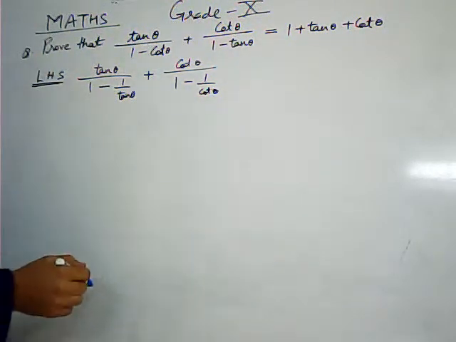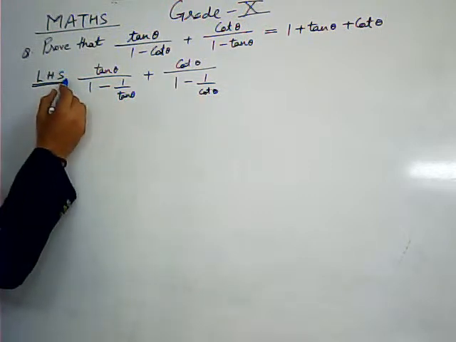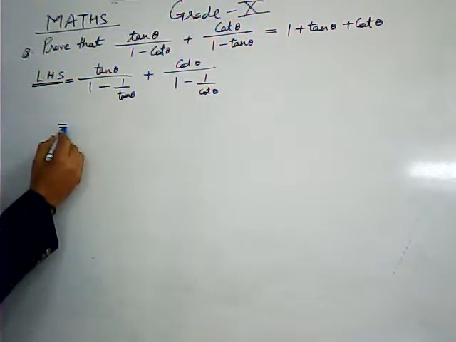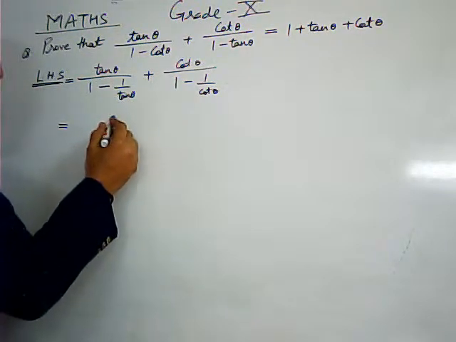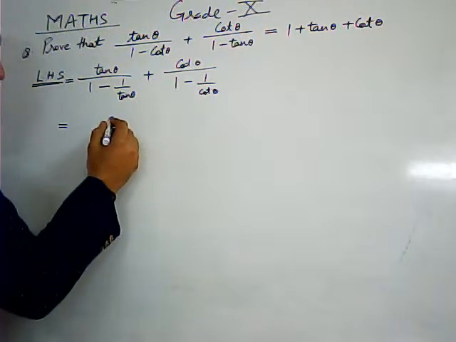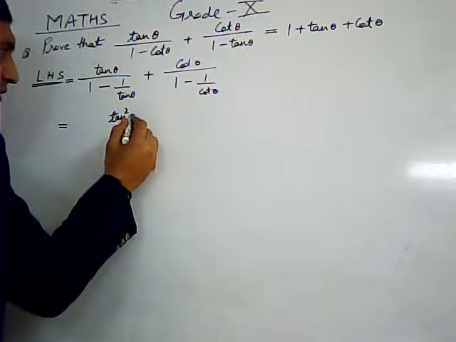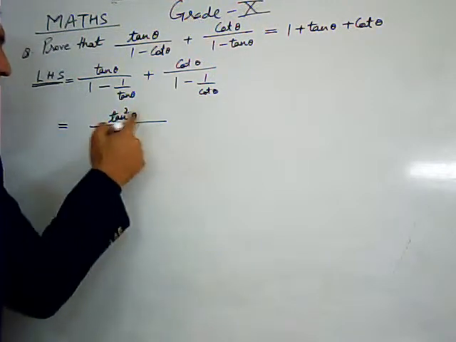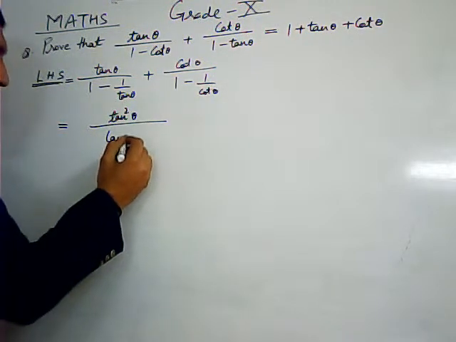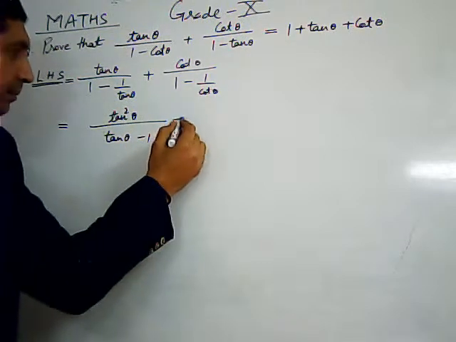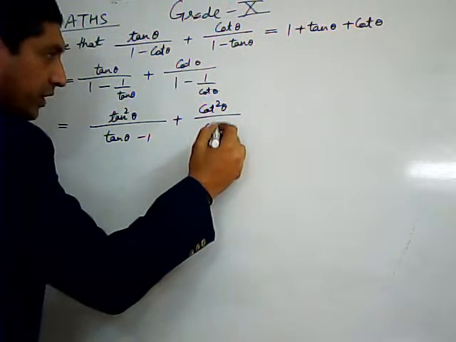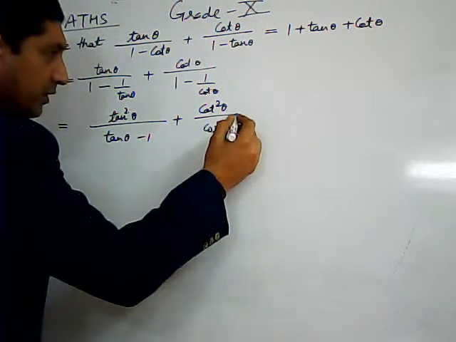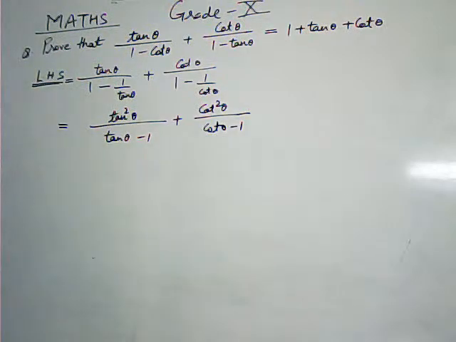Just taking the reciprocal here. So what we have here, we can start with the numerator, that is tangent square of theta upon tangent of theta minus 1, plus cotangent square of theta upon cotangent of theta minus 1, right?